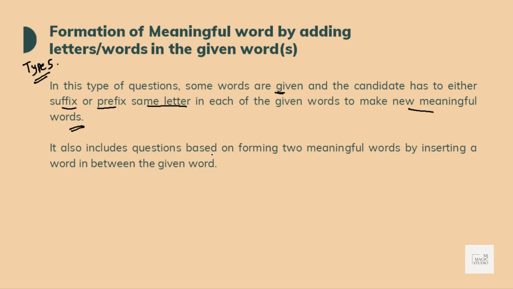It also includes questions based on forming two meaningful words by inserting a word in between the given word. So it would be like adding something in the beginning, or at the end, or in the middle to get new words. I hope you will enjoy these examples. Let's take a few.